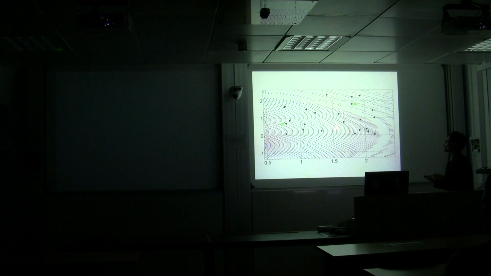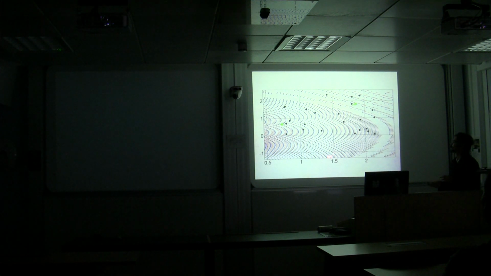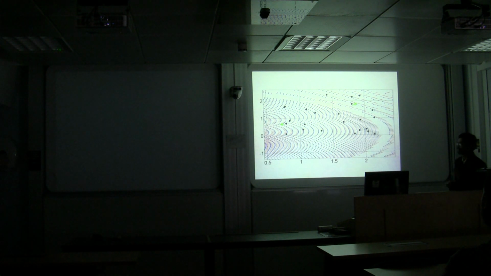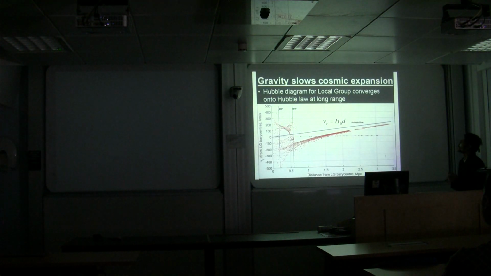There should be a zero velocity surface somewhere around here, but it's not a spherical thing. So obviously this problem is not spherically symmetric. If you look at a Hubble diagram, where you plot the radial velocity directly away from the center of mass of the local group, then you get points like that.